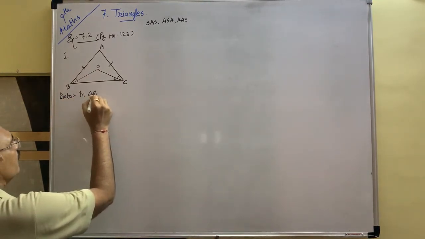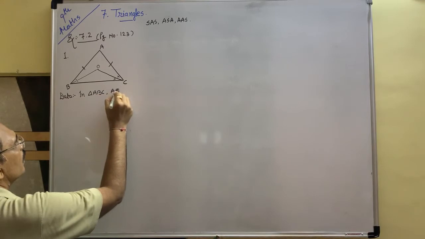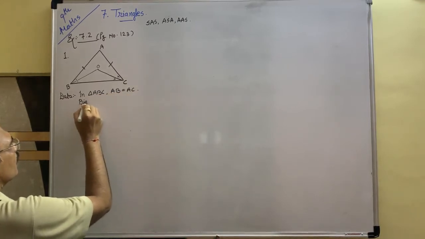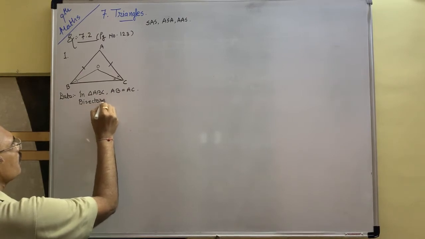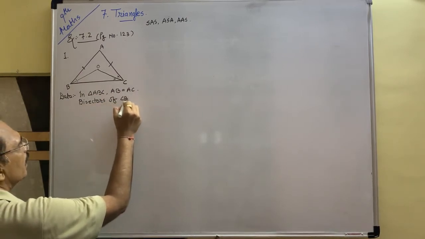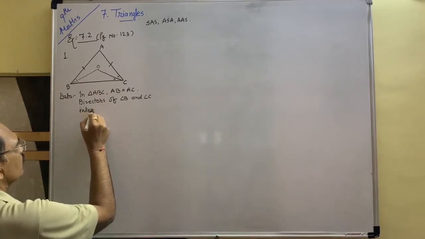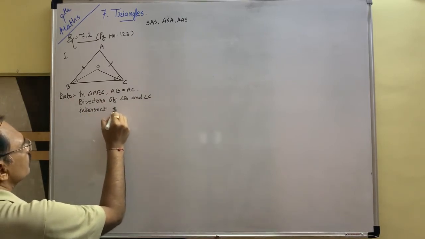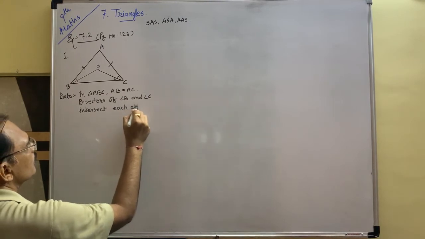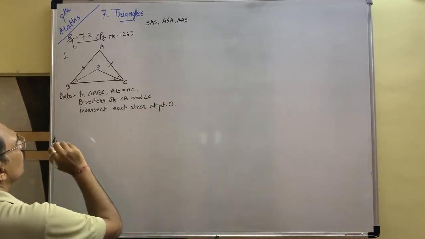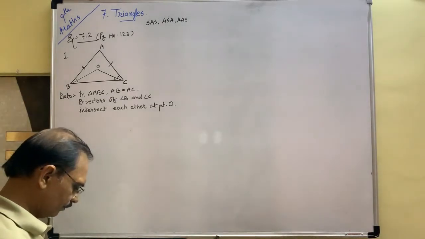In triangle ABC, AB equals to AC, given. Bisectors of angle B and angle C intersect each other at point O. Okay?